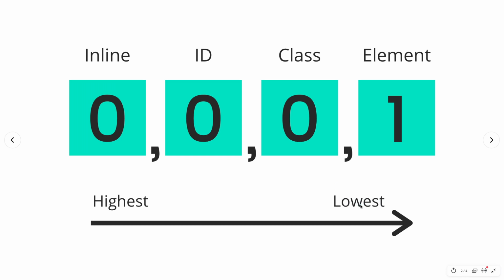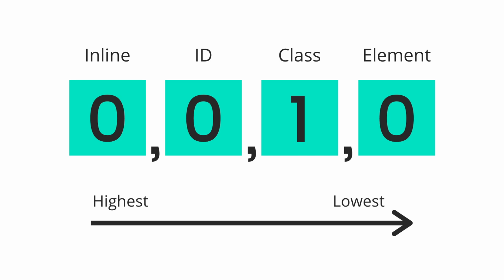Things like h1, p, div, etc, and these will be overruled by the class selector, which has a higher specificity score. So this would be something like dot heading, or we could have a dot container class applied to the div, and this would be more specific than just selecting the div by its element name.